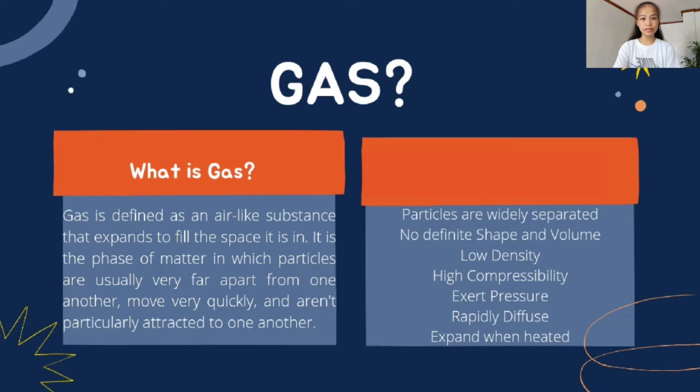Gases are widely separated. They have no definite shape and volume, a low density, and a high compressibility. They exert pressure, rapidly diffuse, and expand when heated. Those that were mentioned are the properties of gas.